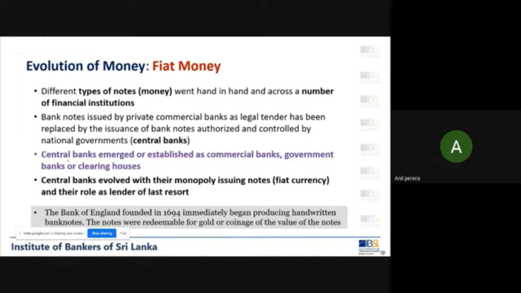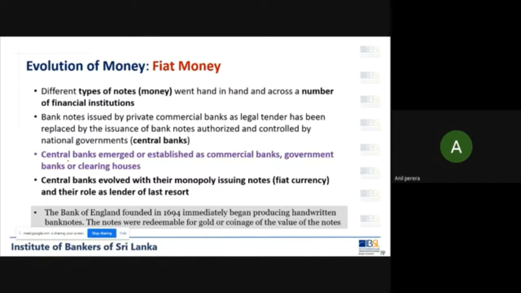So that function was taken over by the government, and the government created a special institution for that matter. What is that institution? The central bank. So the central bank was created.